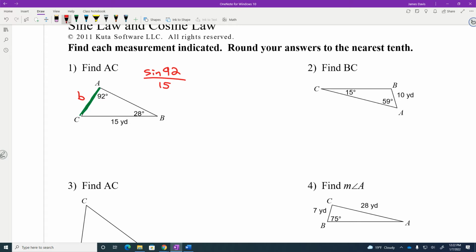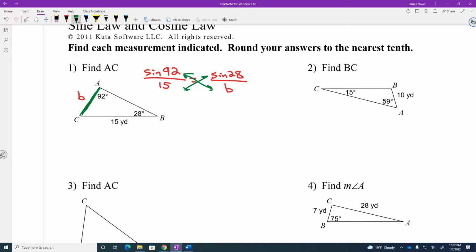And we're trying to find little b, right? That's opposite of the big B. We already got big B, so we can set that equal to sine of 28 over little b. So from there, just to refresh your memory, we're going to do our cross multiplying.